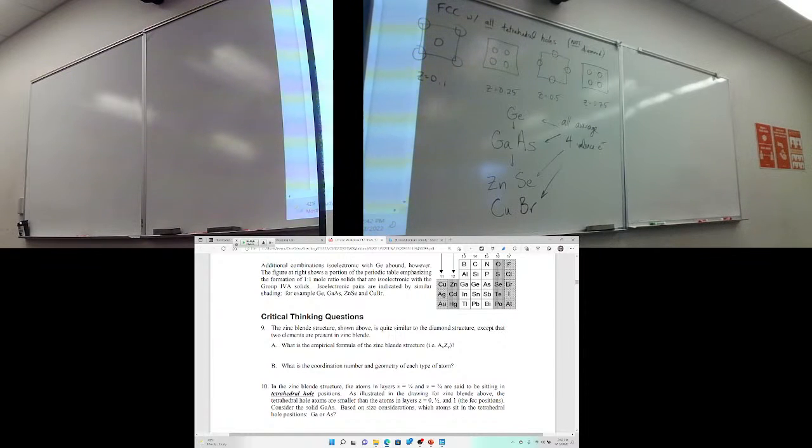So yeah, everything's touching 4. Whether it's an FCC position or a hole position, everything touches 4. So 4 always? Yeah, for this structure, it's always going to be 4.